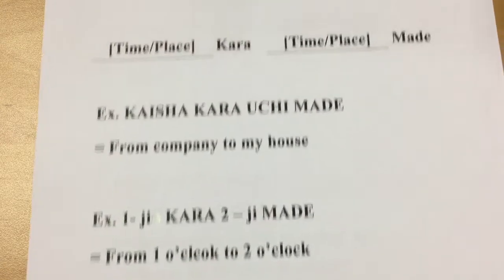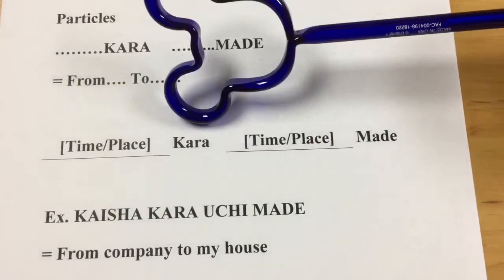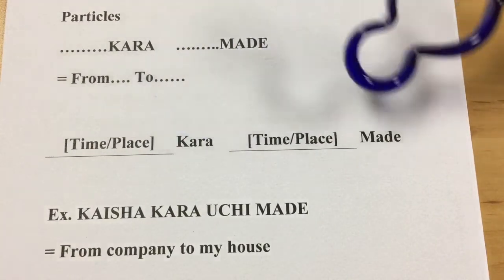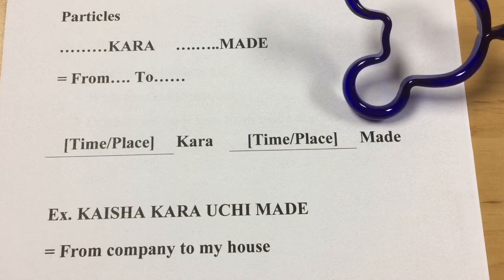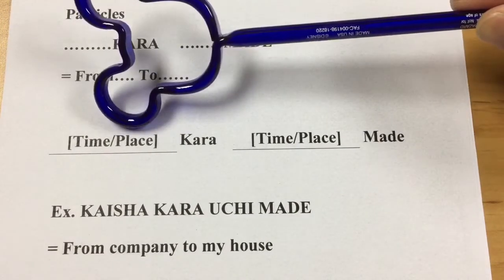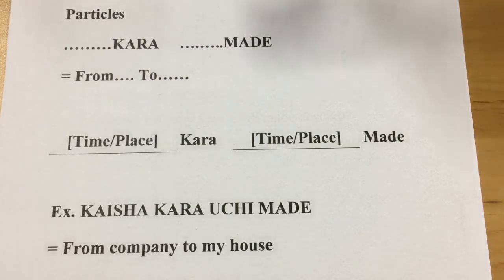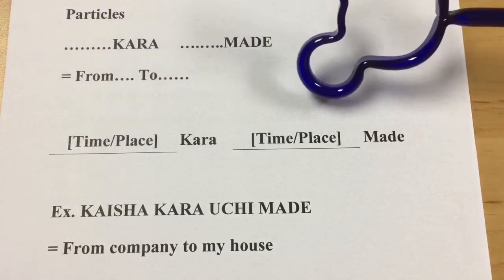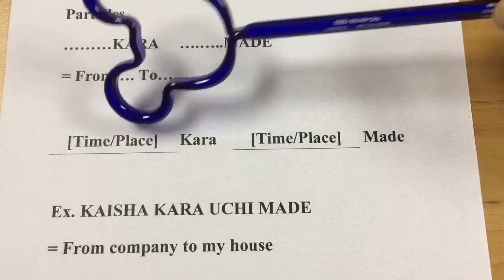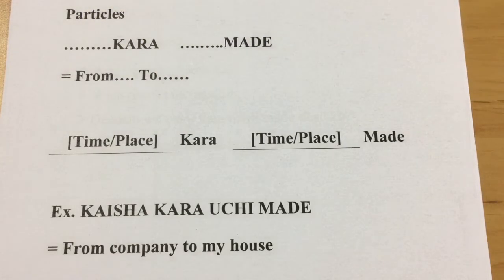Now let's review again. Kara means from, made means to. You can put time and place in front of kara and made. The meaning is from this time to this time, from this place to this place.